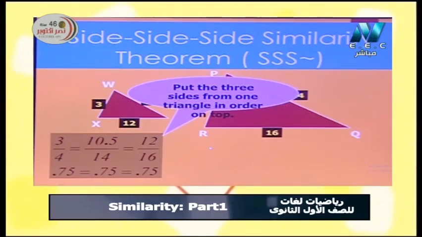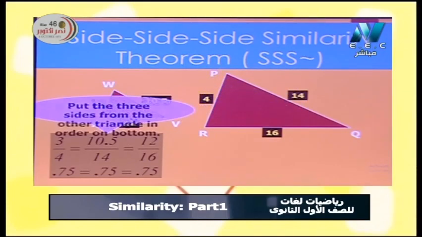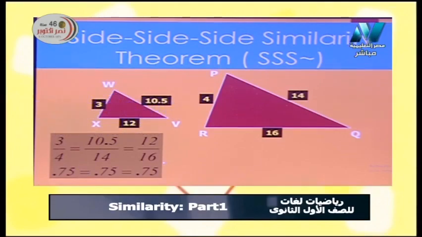What are the steps to answer this question? Put the three sides from a triangle in order on the top. Put the three sides from the other triangle on the bottom like that, but ascendingly. The smallest side over the smallest side equals the biggest one over the biggest one.